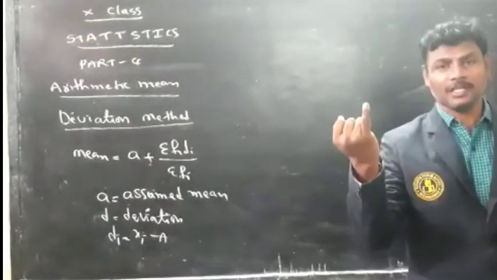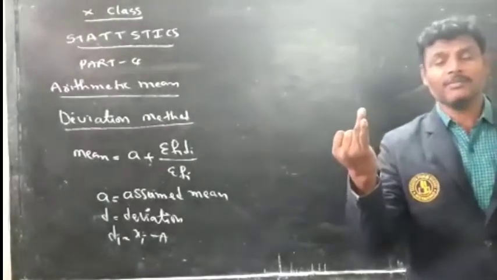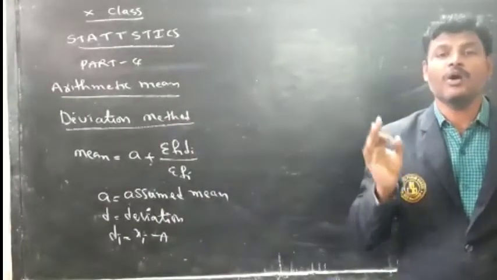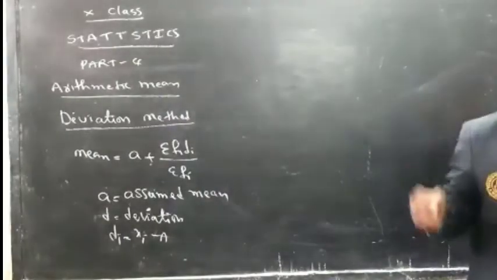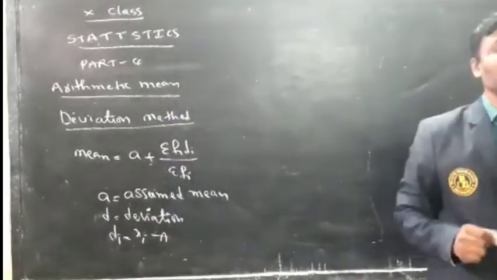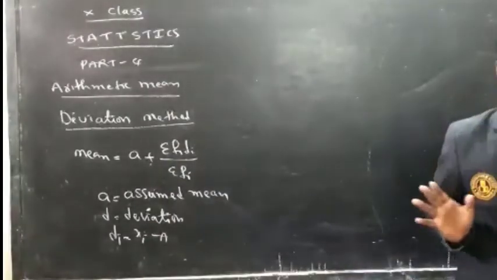First, step deviation method. Second, deviation method. Third, direct method. Yesterday we discussed how to find the mean by using the direct method. So today I am going to explain how to find the mean by using the deviation method, or assumed mean method.